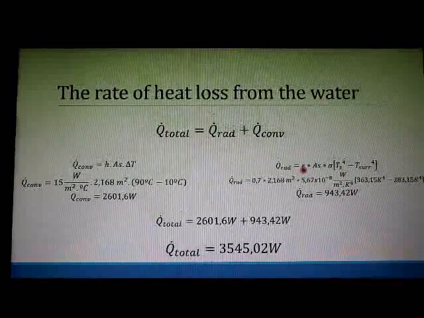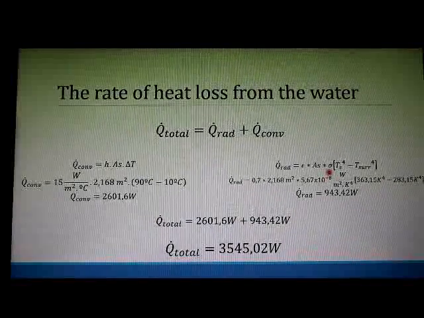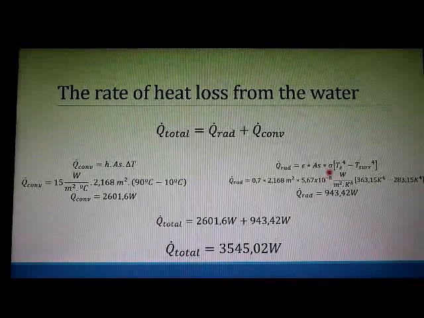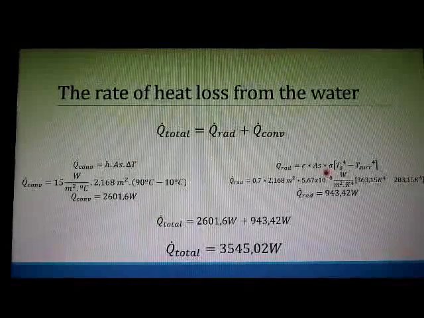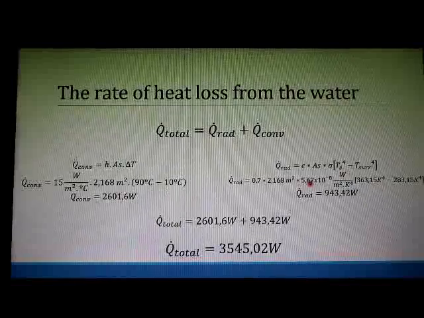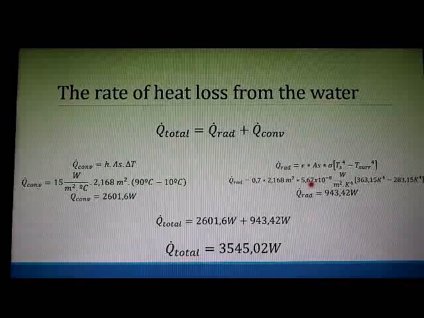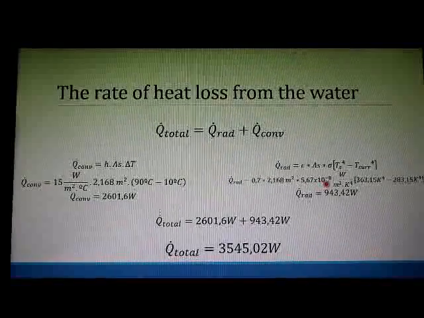Then we have this number that is the Stefan-Boltzmann constant. This constant in international units is 5.67 times 10 to the minus 8.